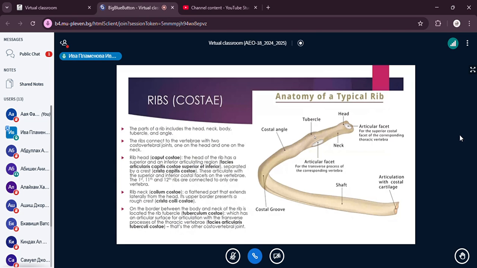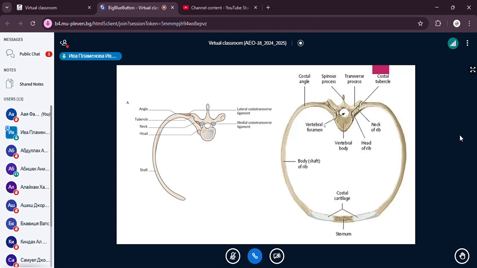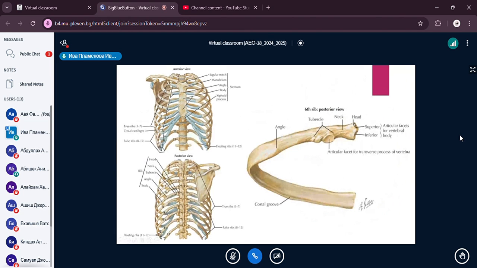On the head, we have two articular facets for the vertebral body, one superior, one inferior. They are separated by a crest, crista capitis costae. Between the head and the body, there is the neck.